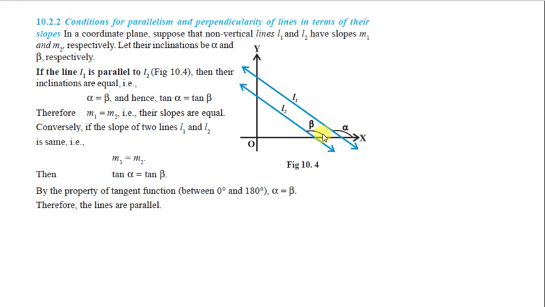Then if the lines are parallel, these two angles will be equal because these are corresponding angles, and we know that if the lines are parallel then corresponding angles are equal. It means alpha is equal to beta, so tan alpha is also equal to tan beta. It means m1 equals m2, that is the slope of the first line is equal to the slope of the second line. So this is the condition for parallelism of two lines.